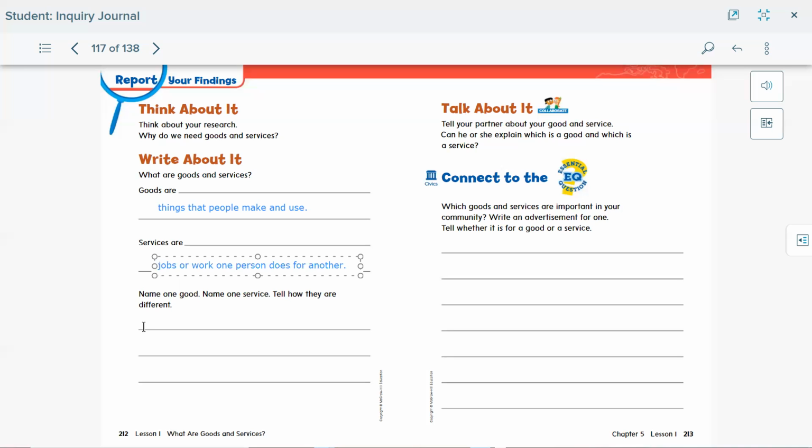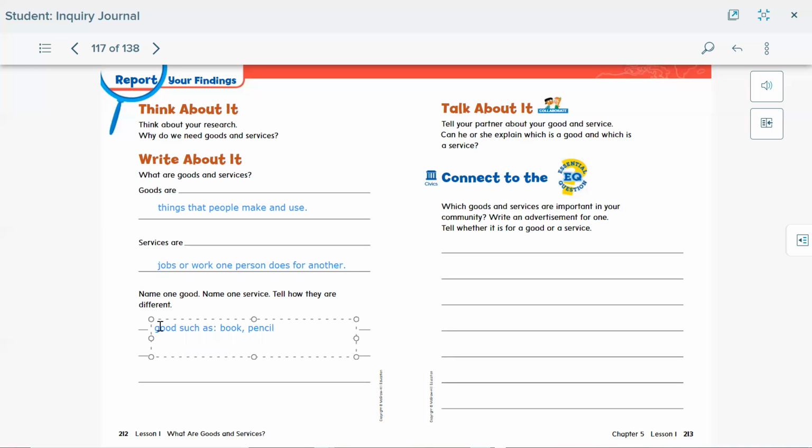For example, we can say when you go to the store and buy, so let's say goods such as, and you can put anything that you buy, say book or pencils. So this is goods you buy from the store.